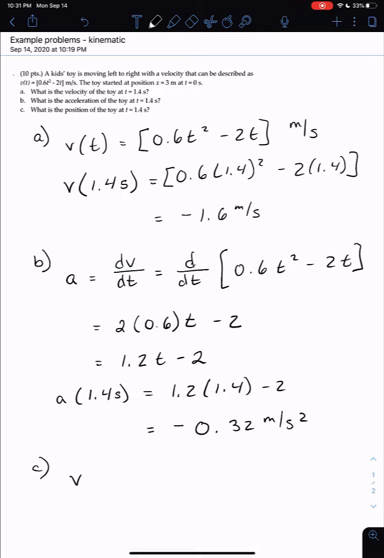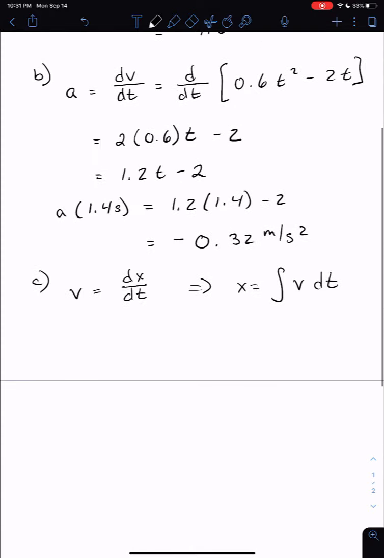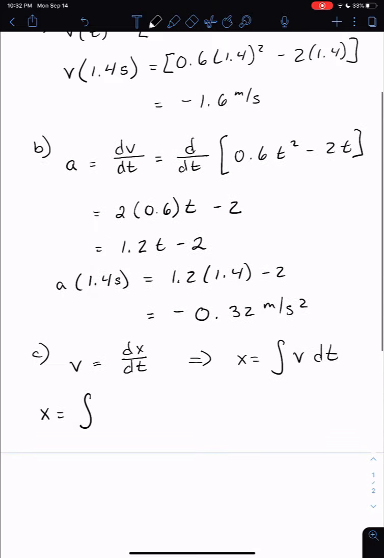So I can either remember that velocity is the derivative of position, and I'm going to use x here just to pick a dimension, with respect to time, or I can go through and invert this and I'll have an integral. So that means that I need to go through and integrate my velocity function.